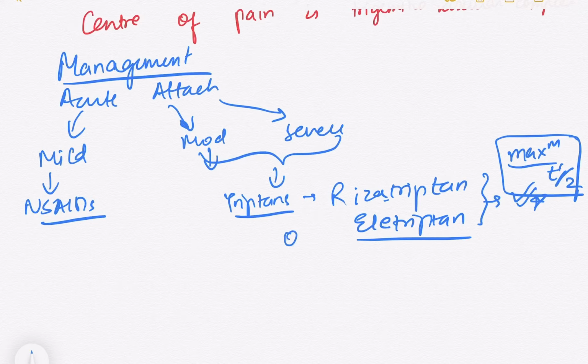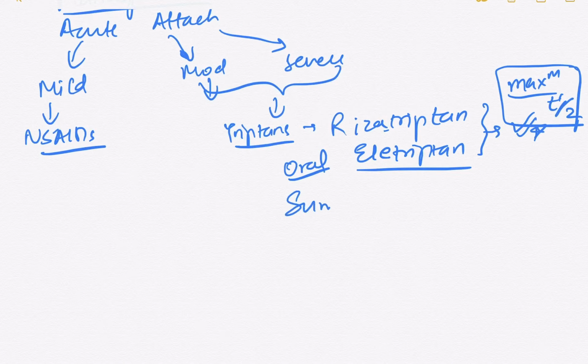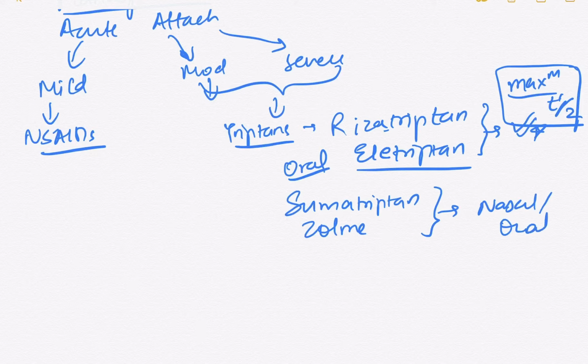Okay, oral. Now we have one more, that is sumatriptan and zolmitriptan, both of which can be given nasally or orally.